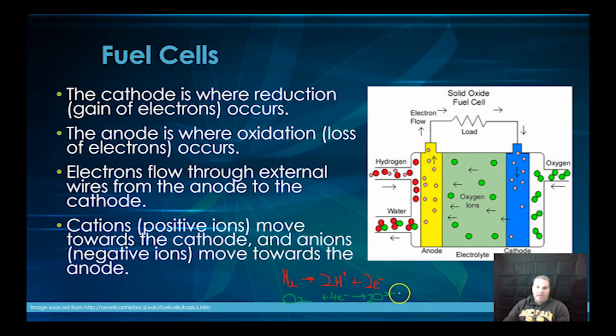These oxygen ions travel through the electrolyte to the anode. They link up with the hydrogen ions and form water. The real benefit of a fuel cell like this is that we produce water as a product, which is really useful.